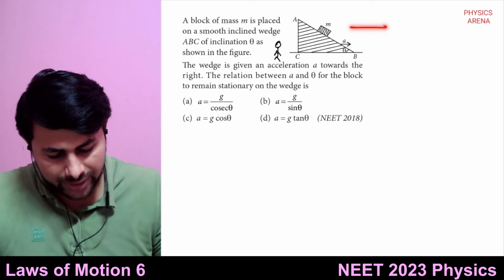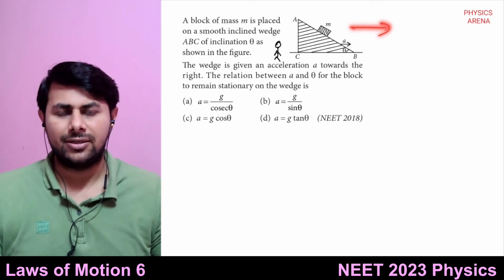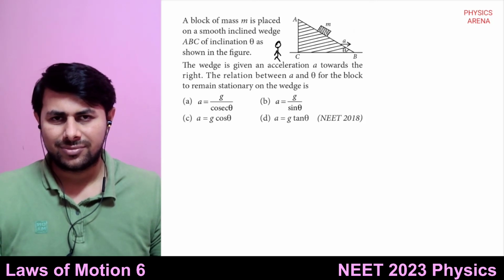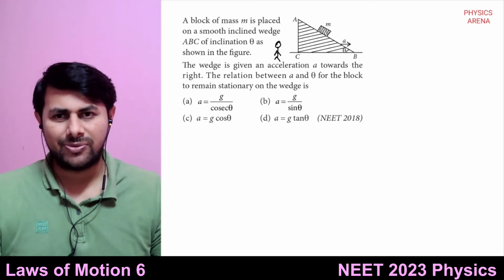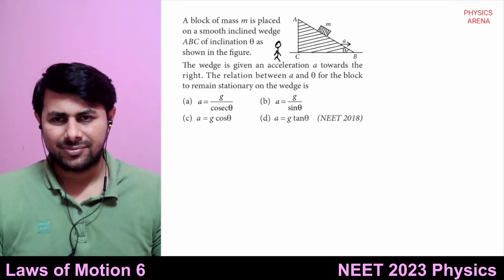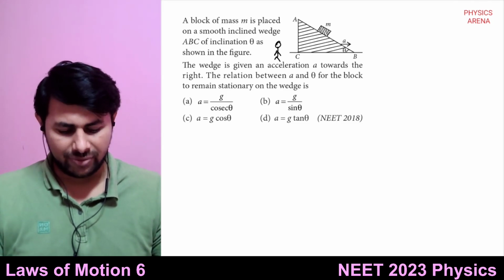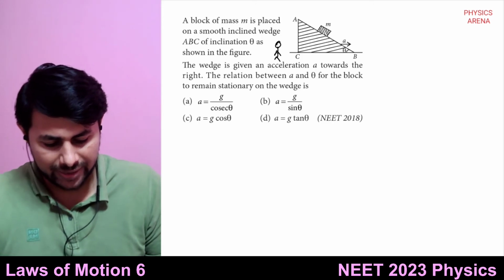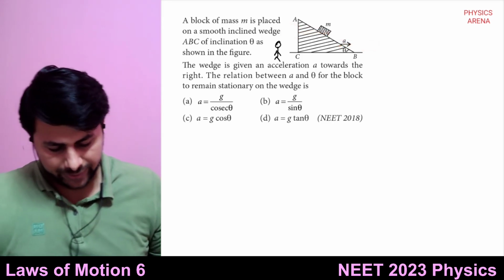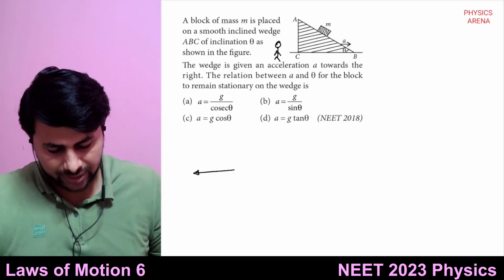So if this block is accelerating towards right, for this observer, what will happen? There will be a pseudo force which will act in the opposite direction to the acceleration.